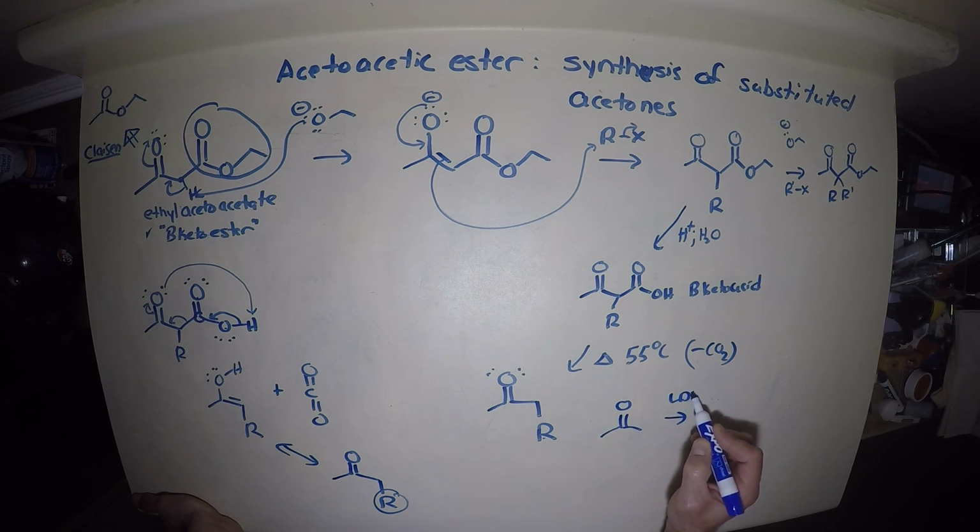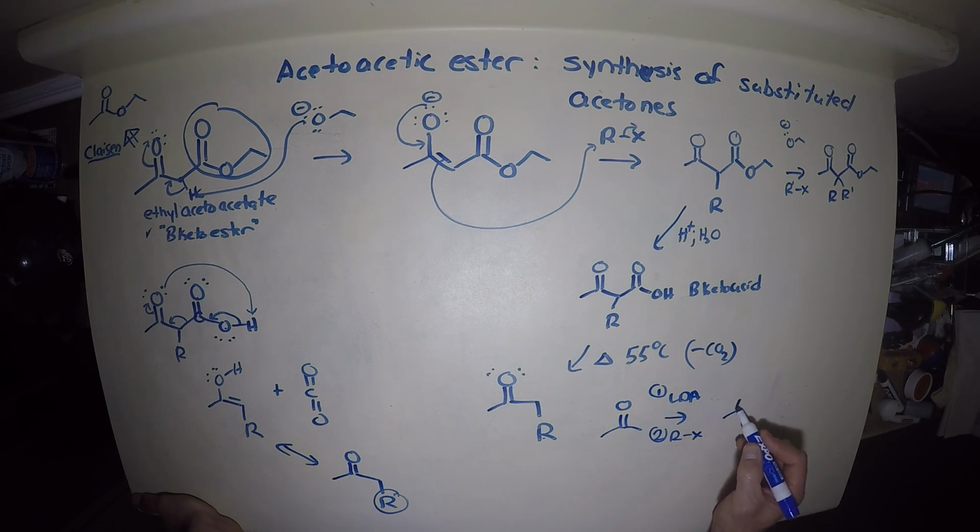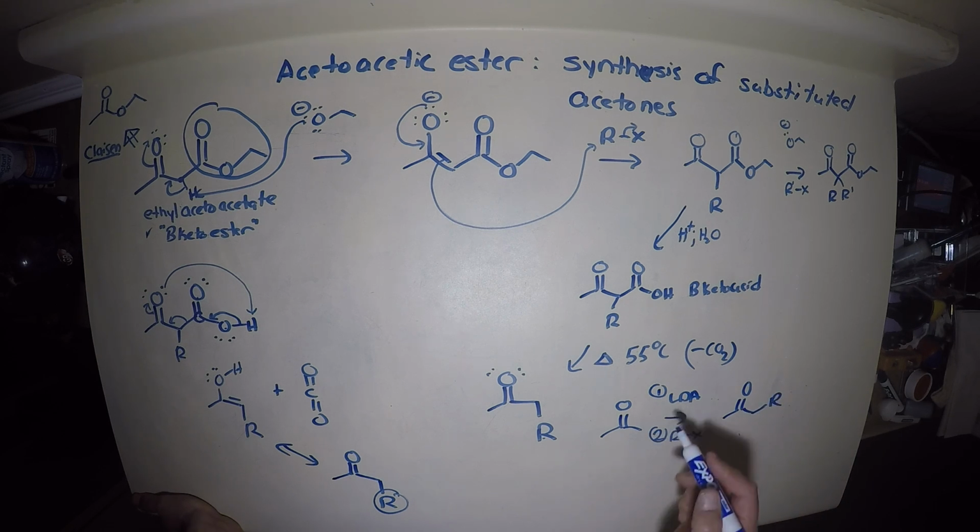like LDA and then the halide to do your alkylation that way. And anytime we cannot use a very, very strong base and the expense that comes along with that in industry, that's a really important reaction.